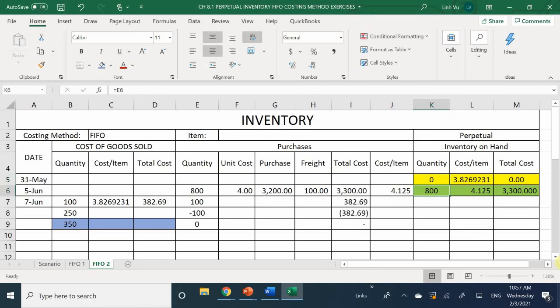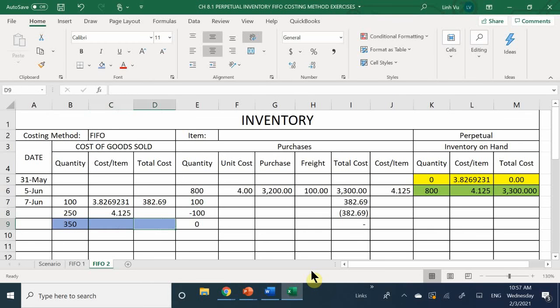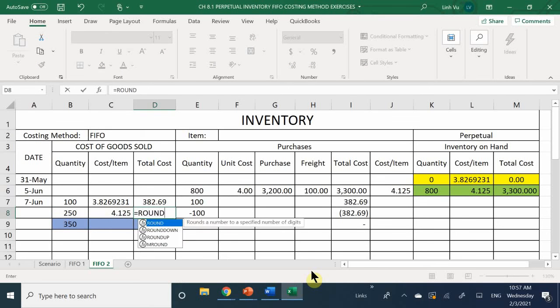Okay. And then now we determine that we need to take 250 out of my green batch. It's going to cost me $4.125. So again, this is where we need to be very careful on our rounding because we have half a penny going on here.